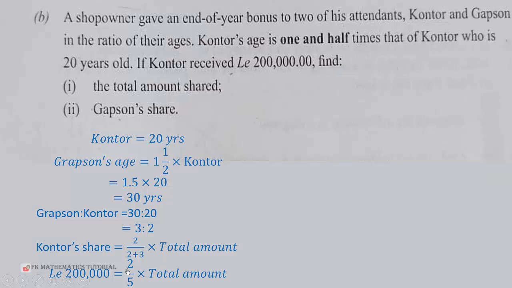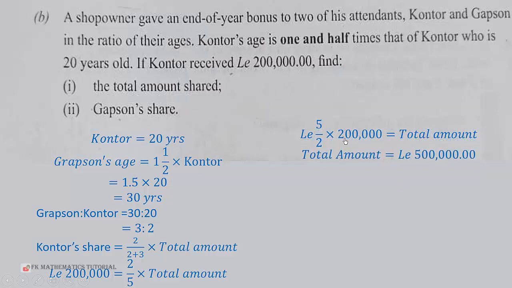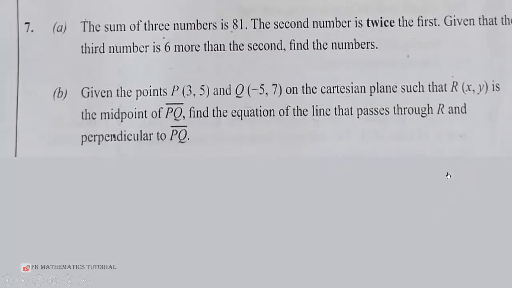We just have to multiply also by 5 over 2. The reciprocal of 2 over 5 is 5 over 2. So we multiply both sides by 5 over 2, and 2 goes into 200,000 100,000 times. So 5 times 100,000 will give you 500,000. So that is the total amount shared, 500,000.